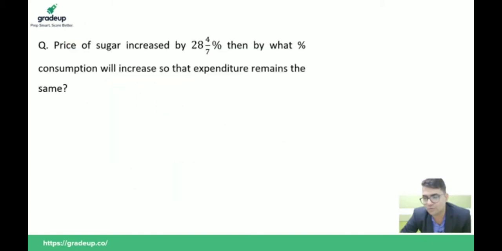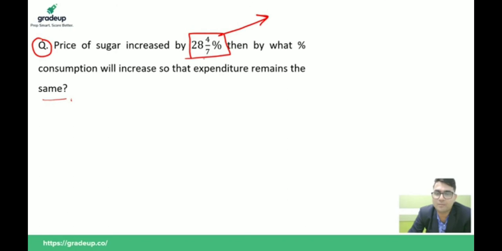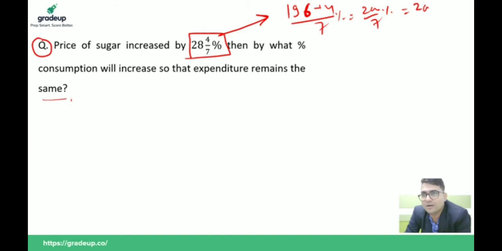Now let's move to the next question. Guys, this question is already done in your chapter, that is profit and loss. Price of sugar increased by 28 4 by 7%. Then by what percent will consumption decrease so that expenditure remains the same? I can write this 28 4 by 7 as 7 8s are 56, 7 2s are 14, 14 and 5 is 19, plus 4 by 7%, that is 200 by 7%, that is 200 by 7 into 1 by 100, that is 2 by 7.